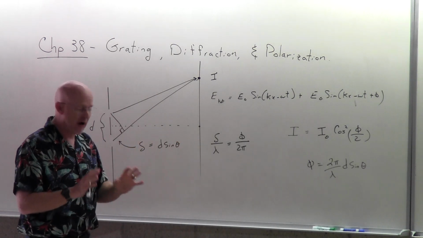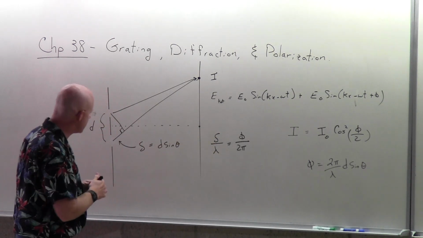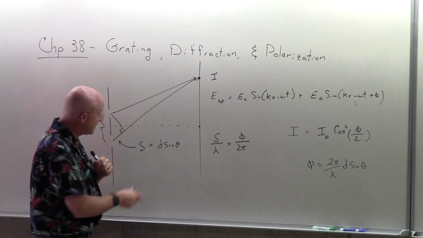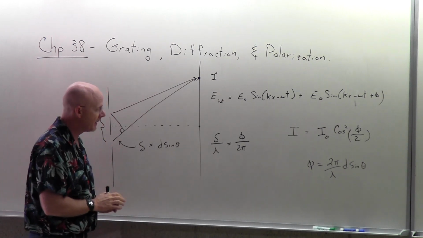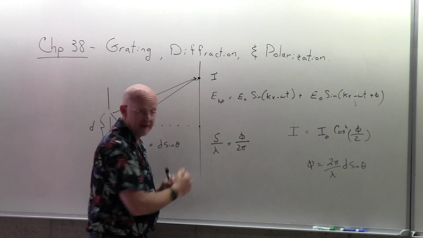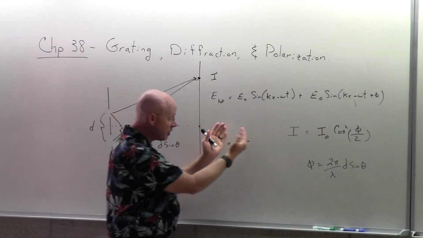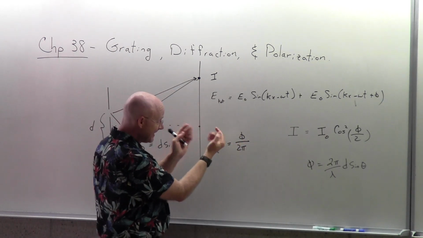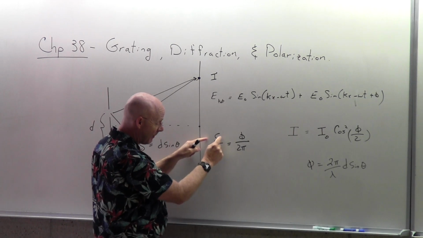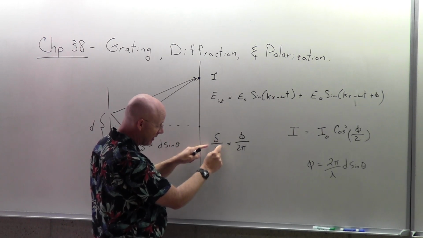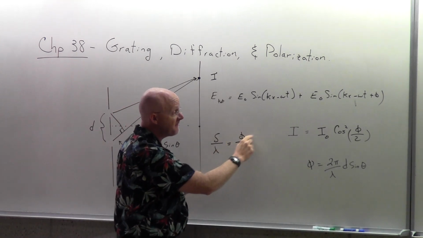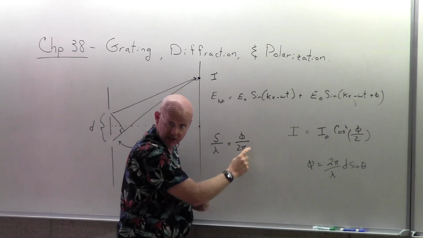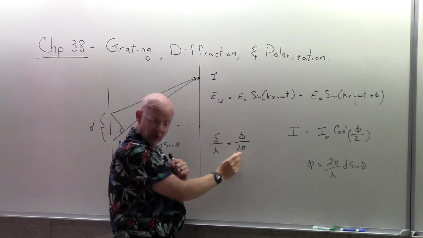But if I wanted to know how many waves fit into this space, I would take the distance and divide it by the wavelength. That's how many actual wavelengths. And I claim that is proportional, in other words, how much distance I have compared to 1 wavelength would be the same as how much the phase of the second wave is to 2 pi, because 2 pi represents a whole wave.